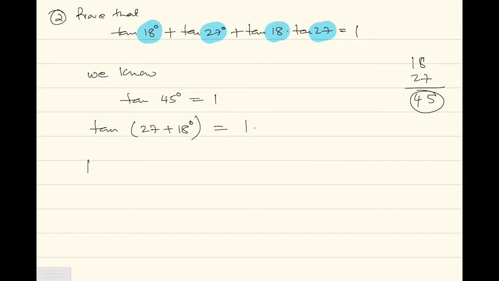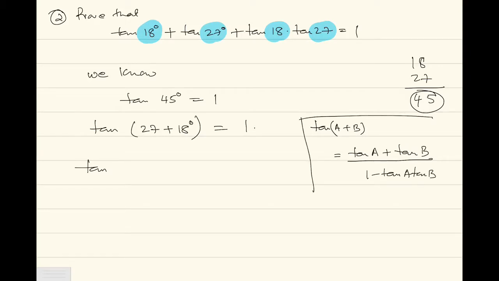So that gives me now the formula. What is the formula of tan a plus b? Let me write it down here. Tan a plus b is actually equal to tan a plus tan b divided by 1 minus tan a tan b. Isn't this the formula, whatever we have discussed earlier?